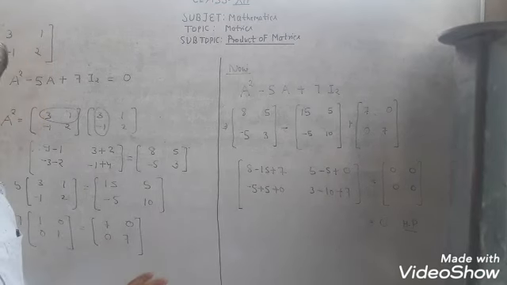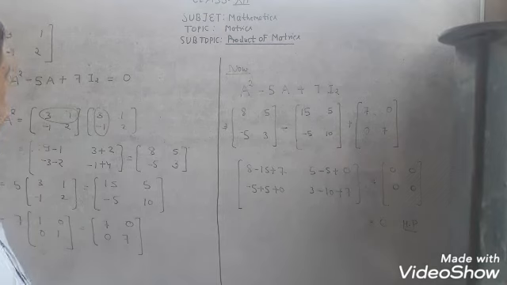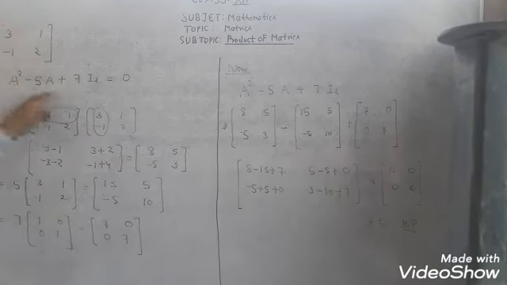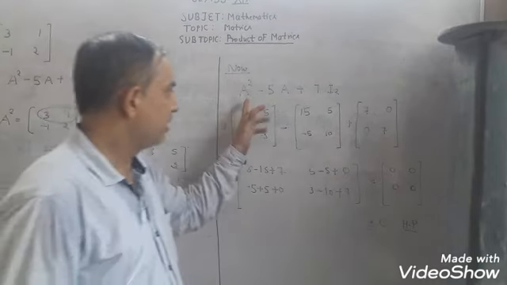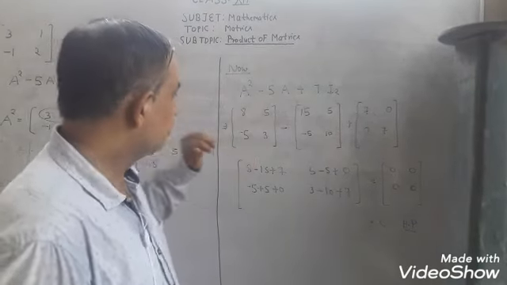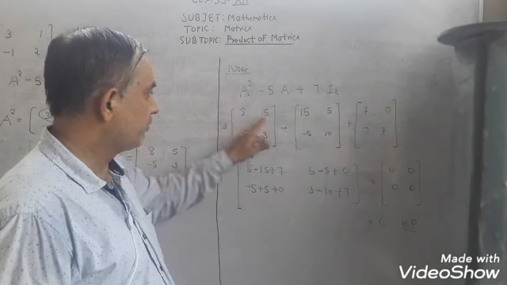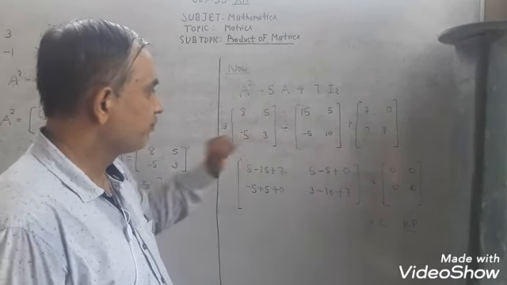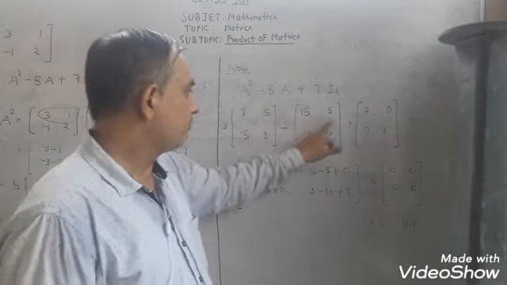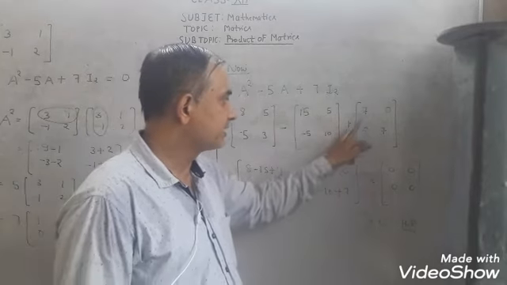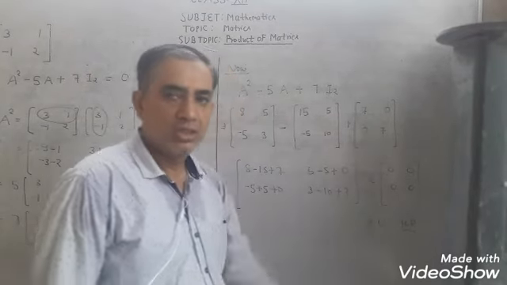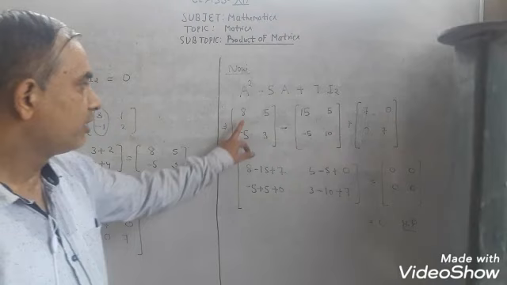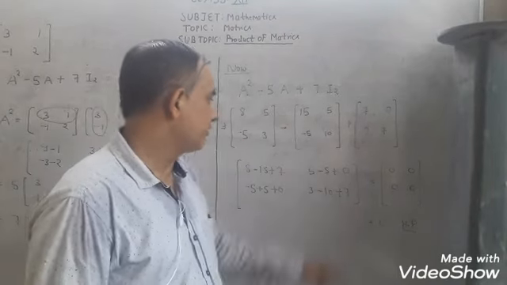Now in this step, we have found all the parts of the LHS side. Now we substitute these matrix values in the LHS side. So we put the A squared value 8, 5, minus 5, 3, minus 5A which is 15, 5, minus 5, 10, plus 7I2 which is 7, 0, 0, 7. Now we solve that: 8 minus 15 plus 7.